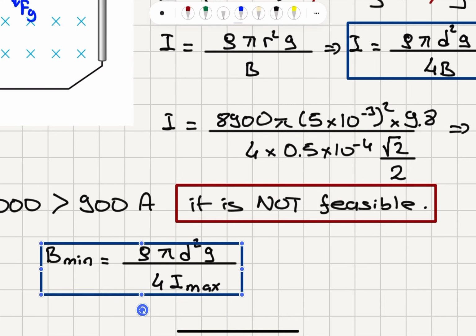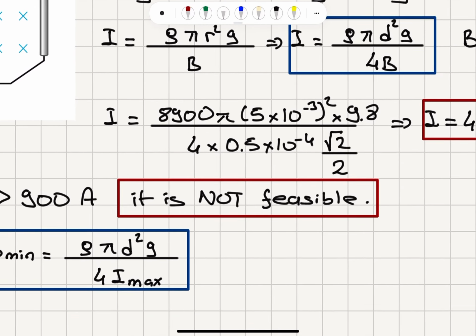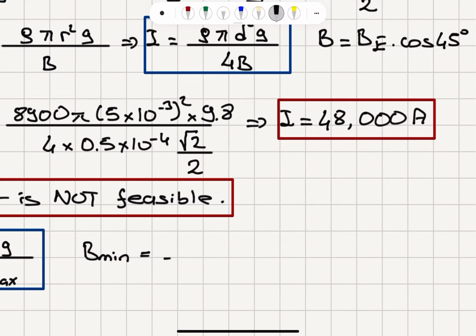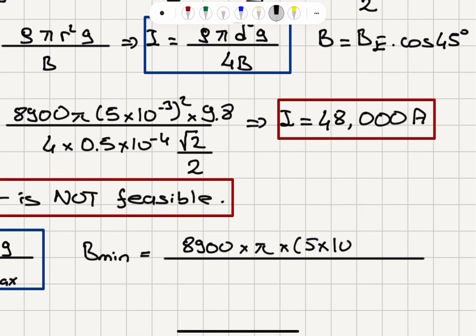And I can calculate this. How much is that magnetic field? The minimum magnetic field I would need is 8,900 kilograms per meter cube, pi, the diameter squared, 5 times 10 to minus 3 meters squared, 9.8 meters per second squared, gravitational acceleration, and 4 times the maximum current, which is 900 amps.